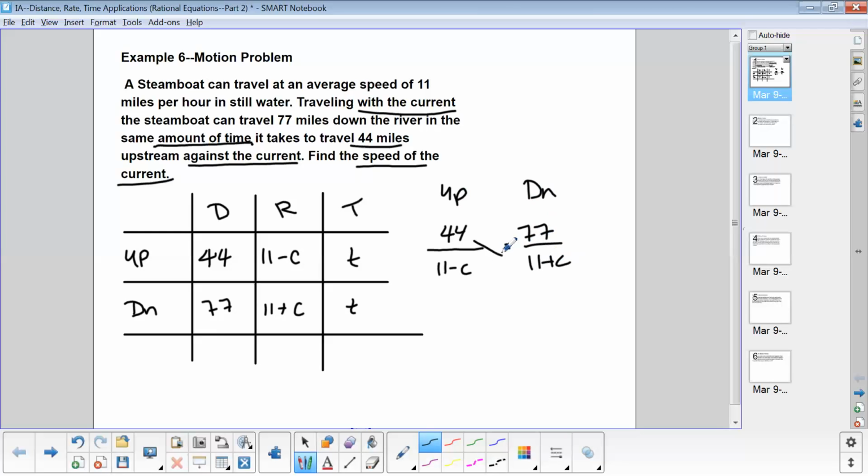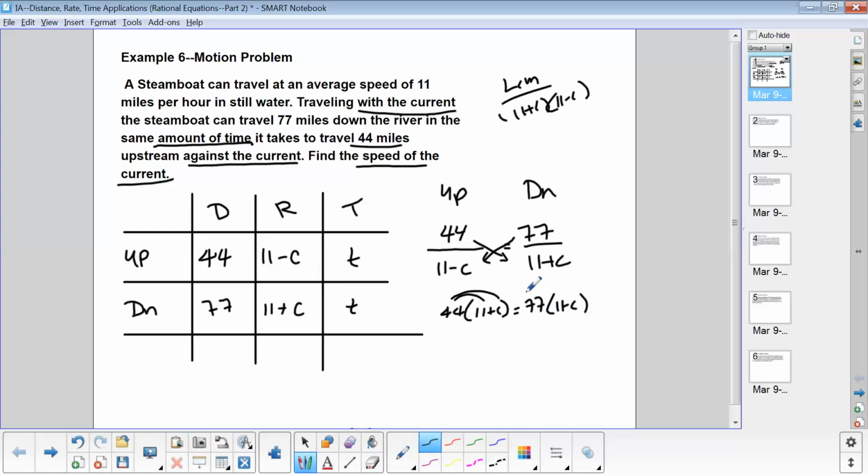So we can do cross products here. It is a proportion, or we can multiply the entire equation by the LCM, which would be 11 plus c times 11 minus c. Either way, if we do the cross products, we would have 44 times 11 plus c equals 77 times 11 minus c.